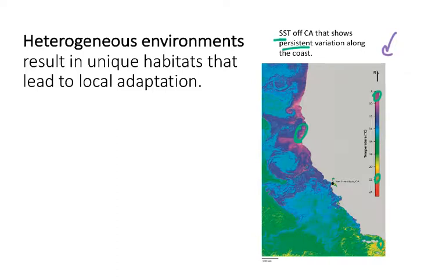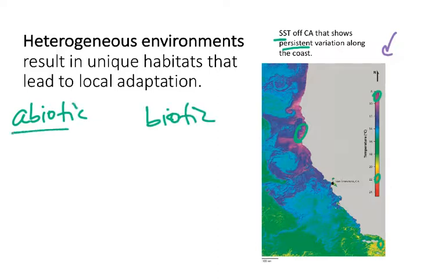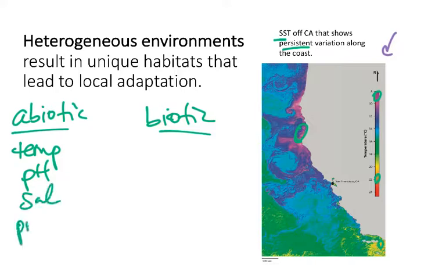But there can be lots of different factors in the environment that can cause local adaptation, and they can be either abiotic or biotic. If we start with abiotic, we've talked about temperature as one example, pH is another one, salinity, precipitation. This is not an exhaustive list, but those are a few things that can cause local adaptation.